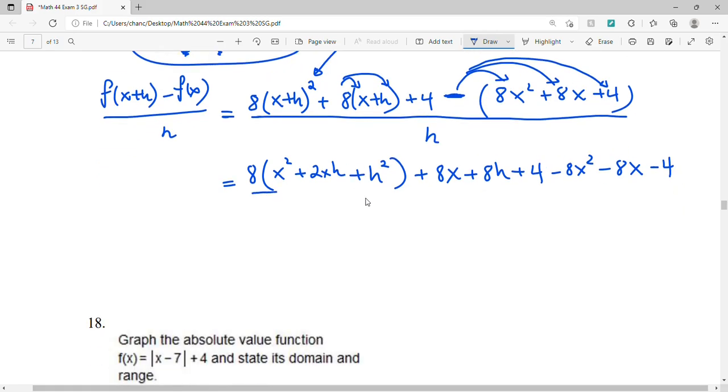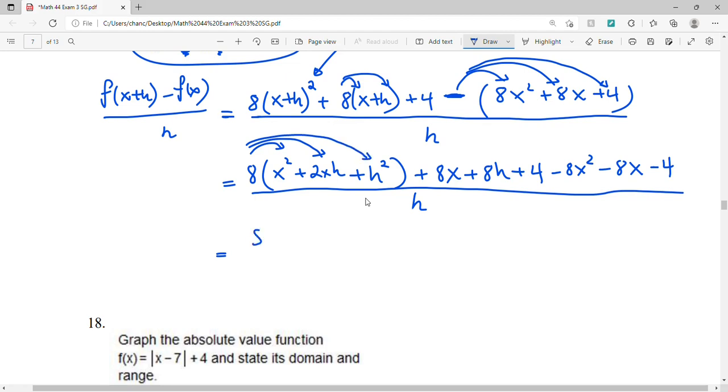All of this is divided by h. Don't forget, it's all divided by h. Now I can distribute this 8 throughout the left side. This is 8x squared plus 8 times 2 gives me 16xh plus 8h squared, and then I'll copy the rest.